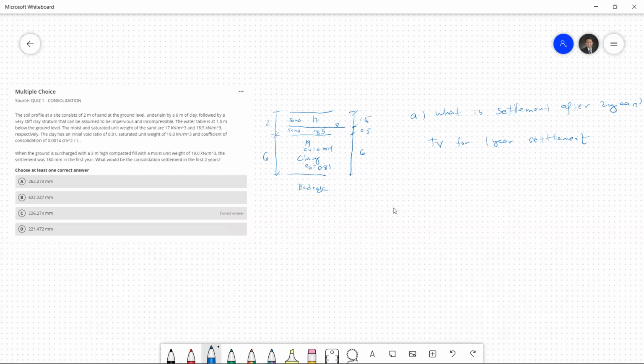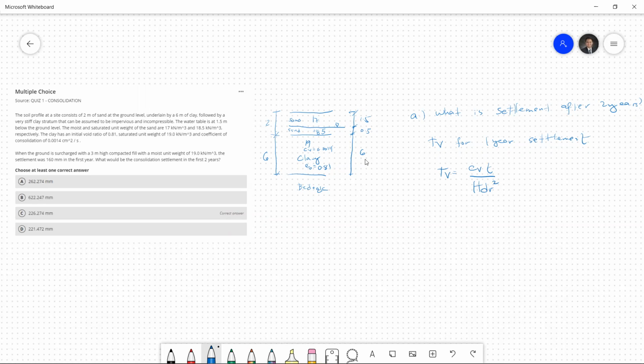The time factor considered there, since we are given the coefficient of consolidation, the formula is Tv equals Cv times the time it takes, over your Hdr squared.